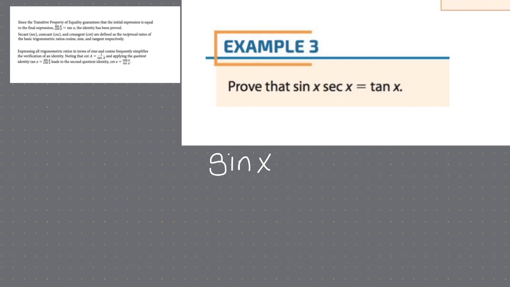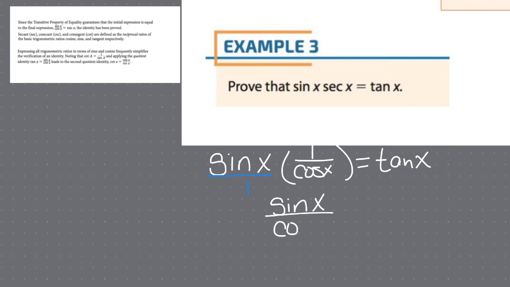Let's replace secant of x with 1 over the cosine of x. Now, please remember that this sine x is a fraction, and please remember how to multiply fractions. We multiply across the top and across the bottom. So we have the sine of x over the cosine of x is equal to the tangent of x.